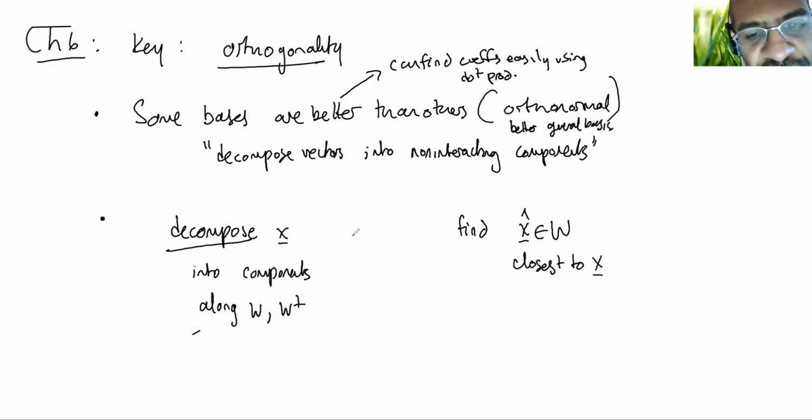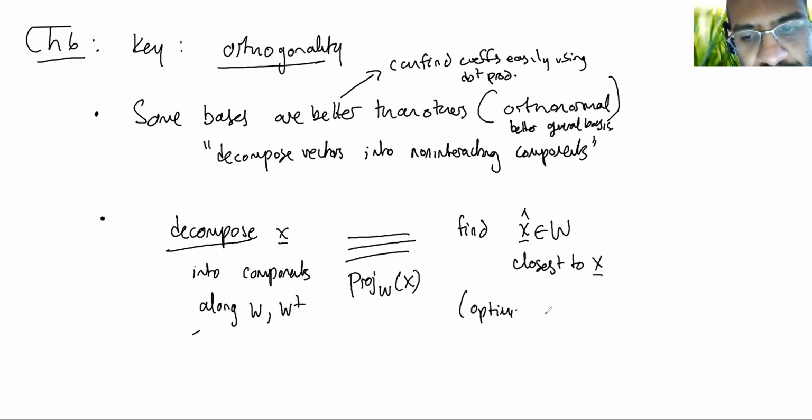And both of these were solved by the same device, which was the projection onto W. So this is an optimization problem, and it had a solution that could be characterized algebraically in terms of the decomposition theorem. So decomposition and this best approximation theorem turned out to be the same thing. And this is really the main theme.